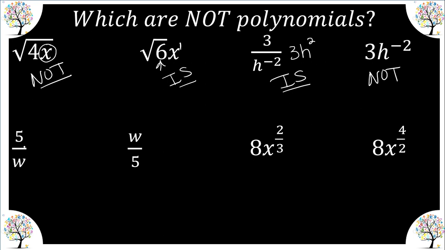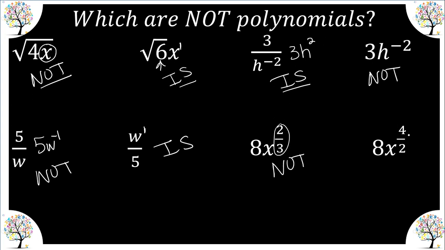In our next example, when our variable is in the denominator showing an understood positive exponent, this is not, because if we looked at this before we simplified it, it would have been originally with a -1, so this is not a polynomial. You can have a variable in the numerator and it has a positive understood 1, so this is. This exponent is not a whole number, so this is not a polynomial.